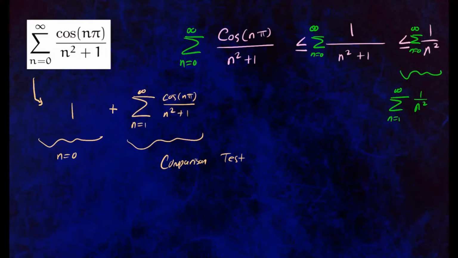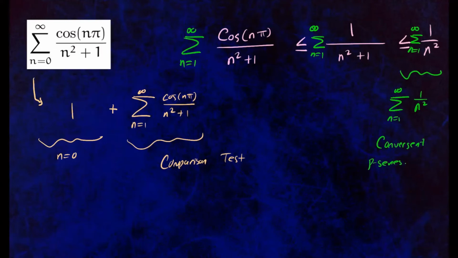So now this series, let's take a look at from n equals 1. So we're looking at from n equals 1 to infinity of cosine of n pi over n squared plus 1. Same thing for the second one, and same thing for this one. And now we can make our claim. So this is a convergent p-series.